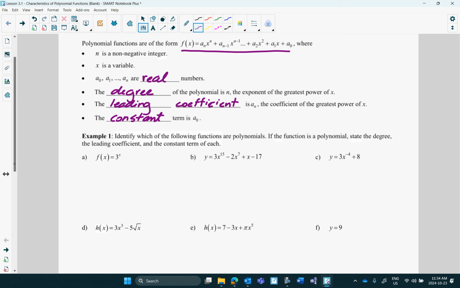Remember, the exponent, n, has to be a non-negative integer. Is the exponent in this one a non-negative integer? Is it a number? No, it's a variable. So not a polynomial, because the exponent is a variable.